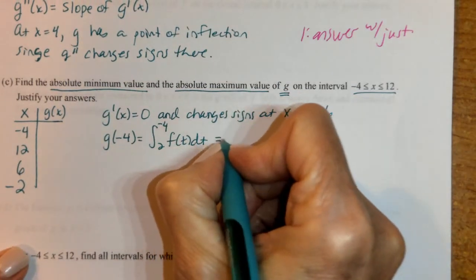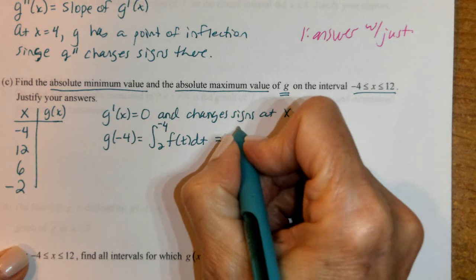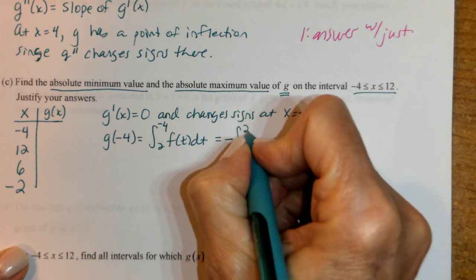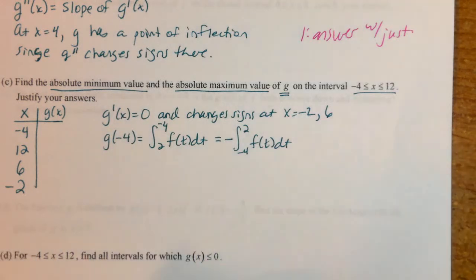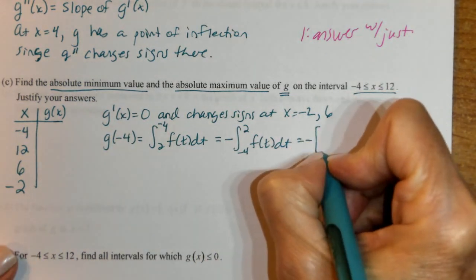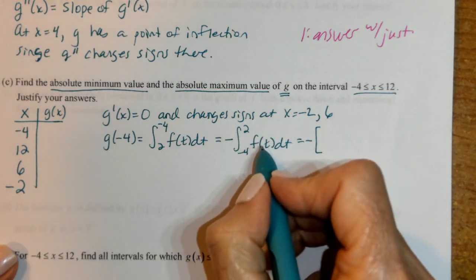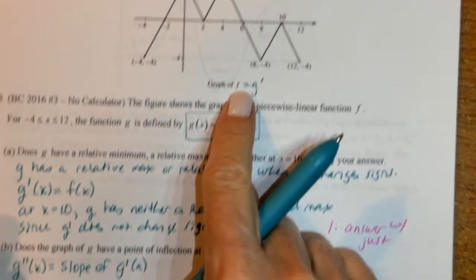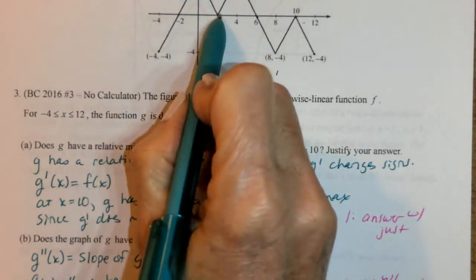Since my lower boundary is on top, I need to switch that and put it on the bottom, which I definitely need to do if I'm getting values from a graph. So this is the negative of the area under f of t, which is right here. That's f. So from -4 to 2.